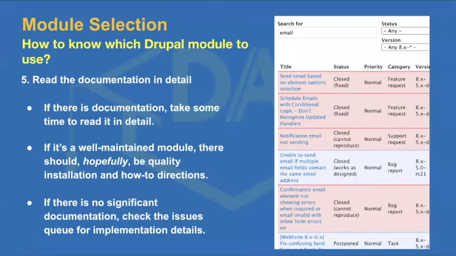Have people had issues doing emails, or was the documentation not clear about how to use email in Webform? Well, I would search the issue queue for email and see what people are saying and read through the responses. The responses to the issues will be a kind of pseudo documentation, which really provides an understanding of what roadblocks there are or how you might use a module in reality.